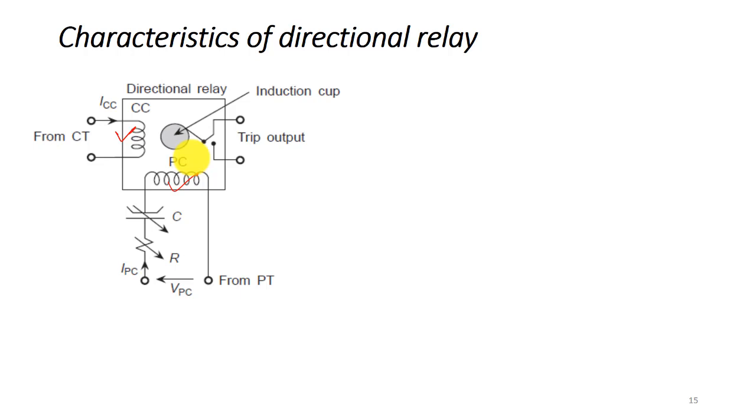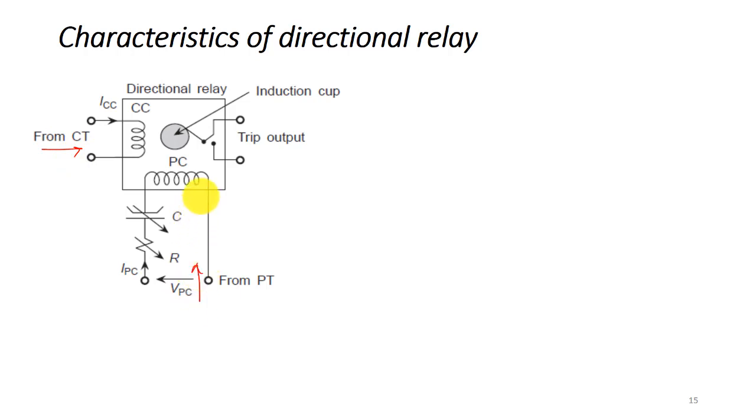It only takes the current from the CT, the current transformer. And here we need both current and voltage, current from the CT and voltage from the VT or PT, right? Here we can see we have two coils, CC, that is the current coil, and the other one is your potential coil. The current coil is fed from the CT, and the voltage is fed from the PT to the potential coil.